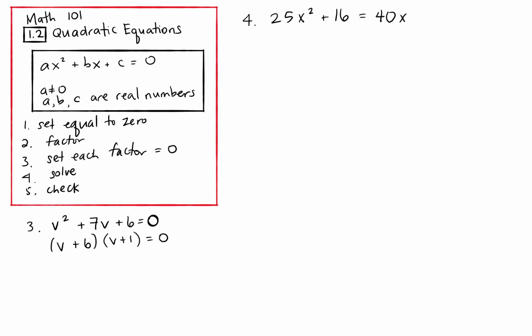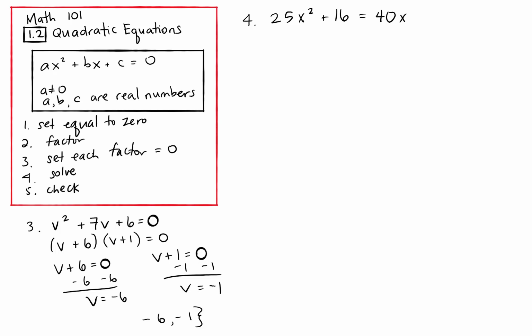And then we're going to take each of those factors and make them equal to 0 themselves. And subtracting 6 from both sides over here gives me v is equal to negative 6. Subtracting 1 from both sides over here gives me v is equal to negative 1. I have two solutions, negative 6 and negative 1. Alright, so there would be your answer.